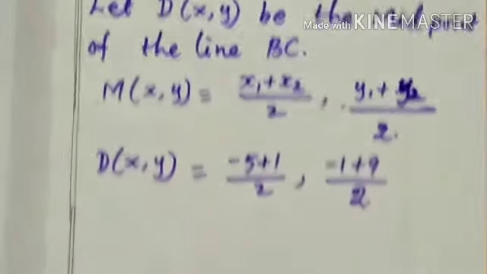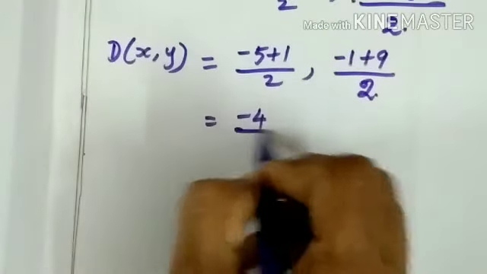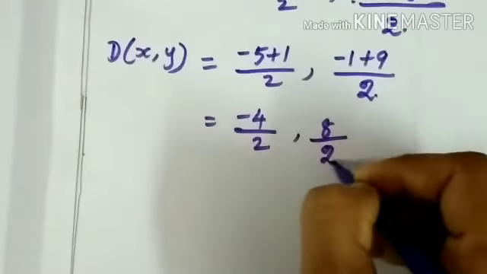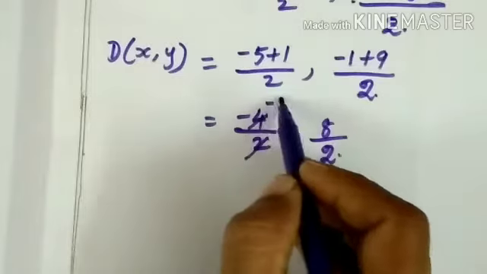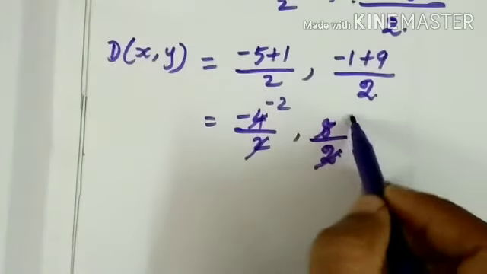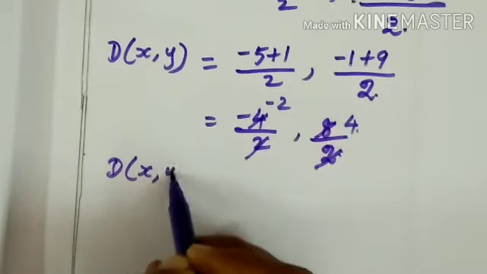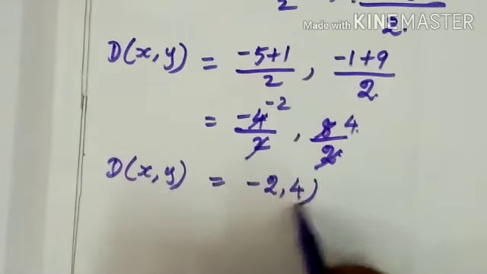Now simplify this: we get -4 by 2, 8 by 2. Cancelling by 2: 1 two is 2, 2 twos are 4, 1 two is 2, 4 twos are 8. Therefore, the point D(x, y) is equal to (-2, 4).